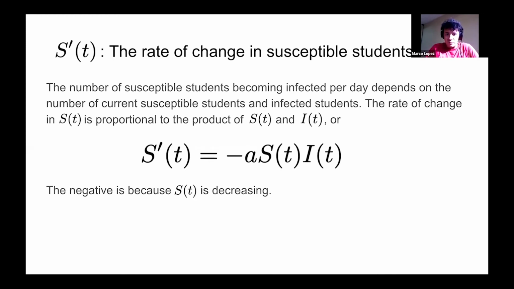And we assume A is just a parameter that we'll try to estimate later, a positive number, so we'll put in a negative sign in front because we expect S prime to decrease over time.